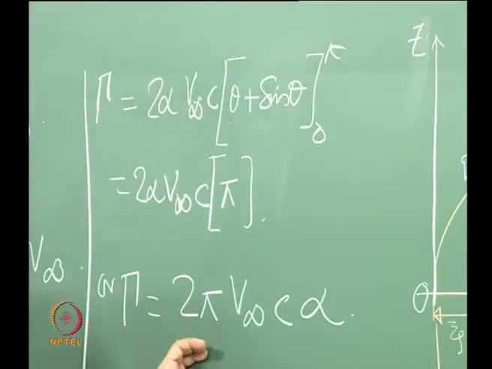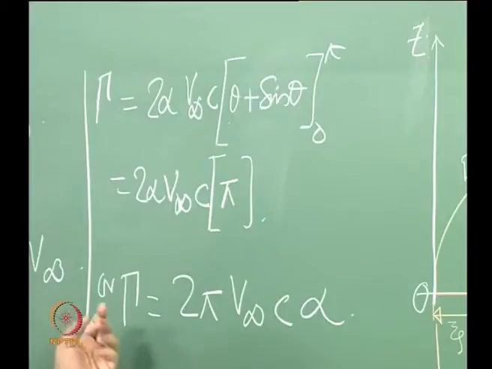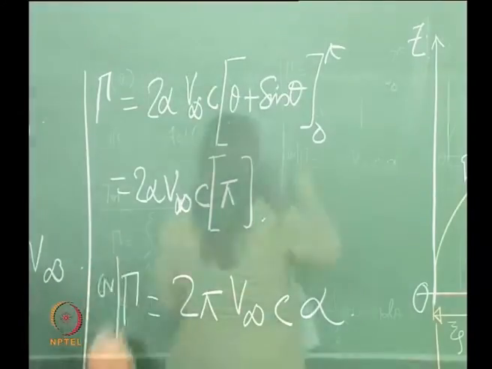You remember what we had got earlier, it was just 2 pi alpha for a straight plate. So, here the total circulation is 2 pi v infinity c into alpha.